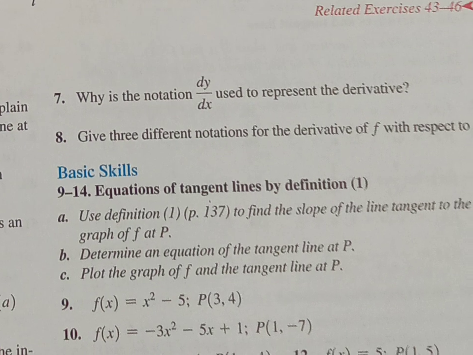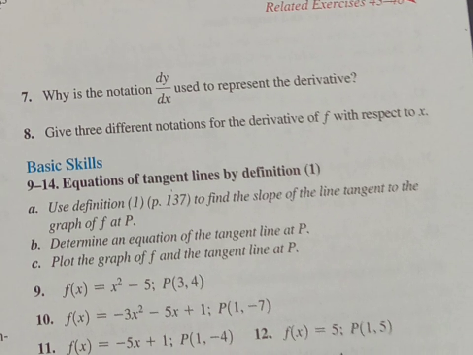And then three other notations. dy dx works. Give me another one. Usually we don't use that one, but it's okay. There's another one. This one is going to be the most used, or it's very similar, d dx. Both of those are going to be used a lot.